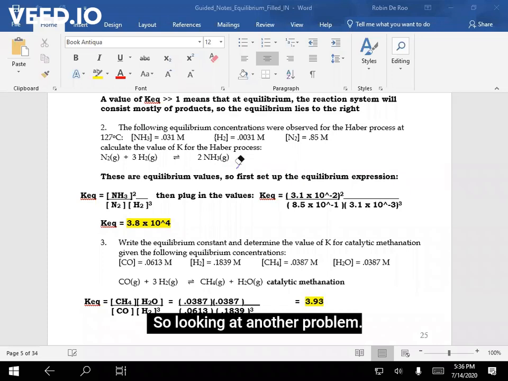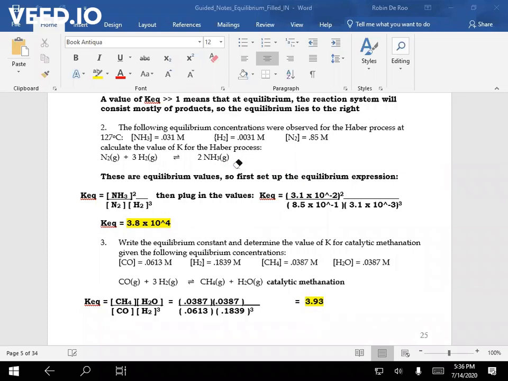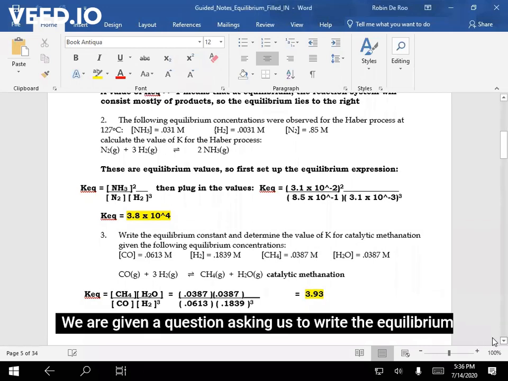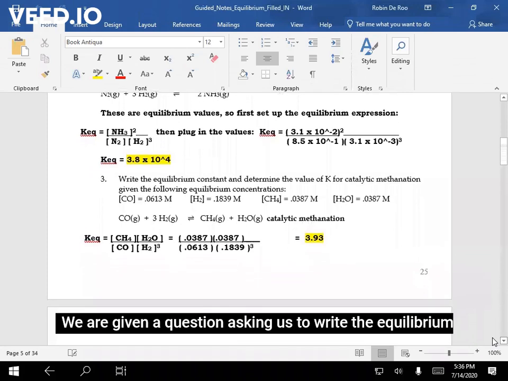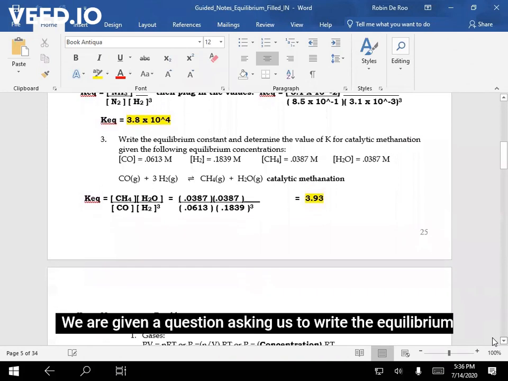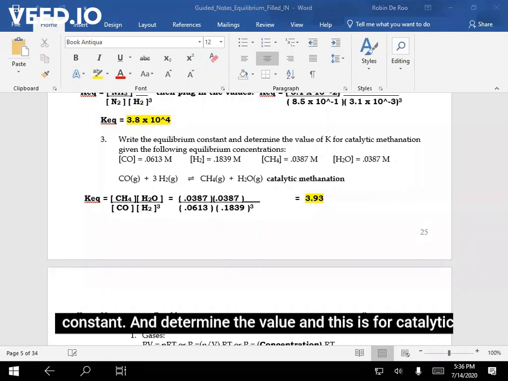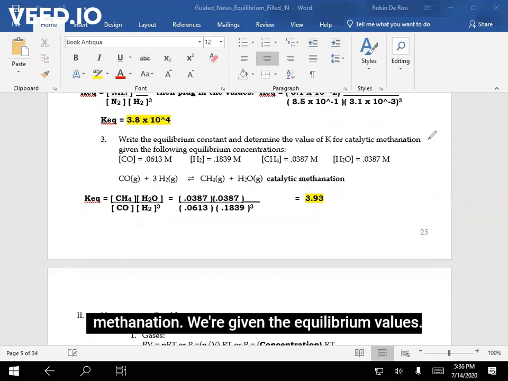So looking at another problem, we are given a question asking us to write the equilibrium constant and determine the value. This is for catalytic methanation.